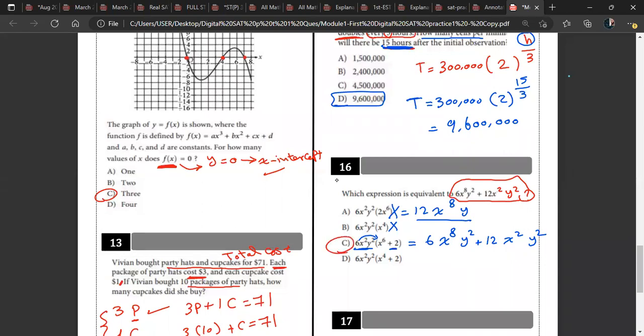So the answer will be C. You have the same answer by another way: you can substitute, for example, suppose that x equals 1 and y equals 1, then check by trial and error between the given expression and the choices. Is this clear? Do you have any questions? You can use any way you prefer. It's okay, no problem.